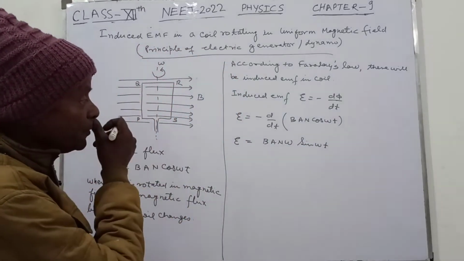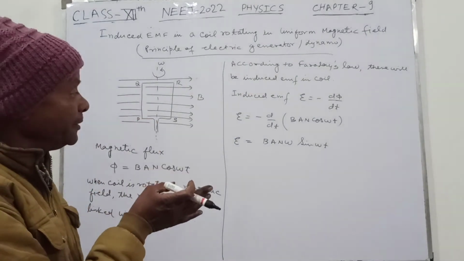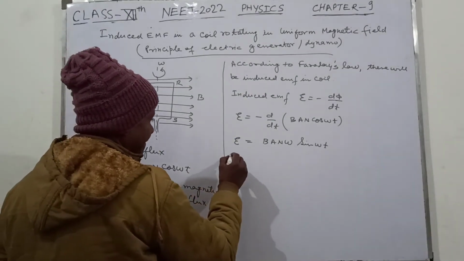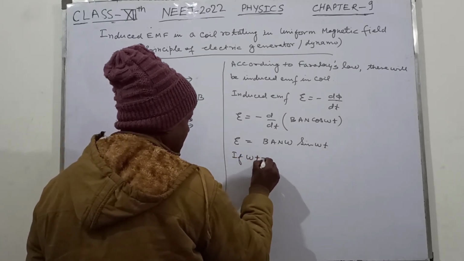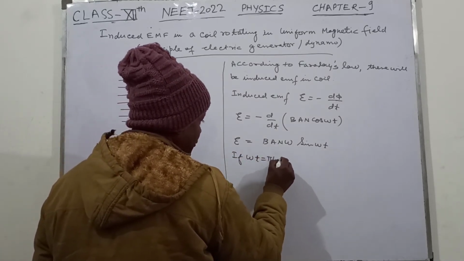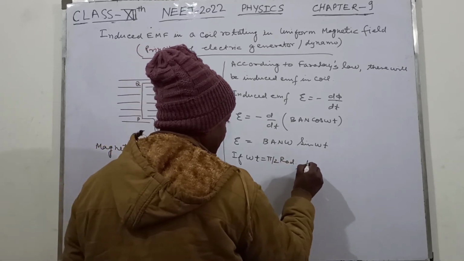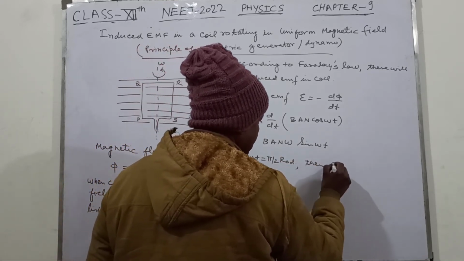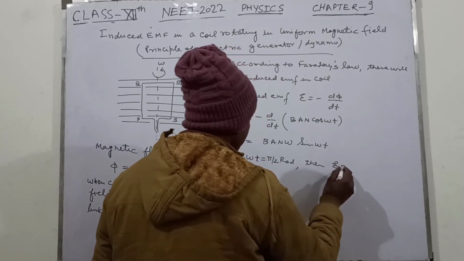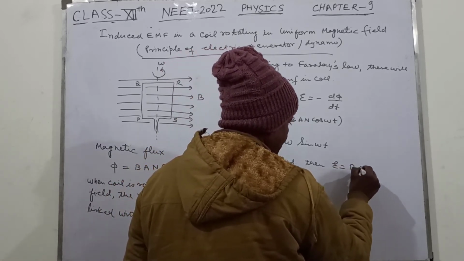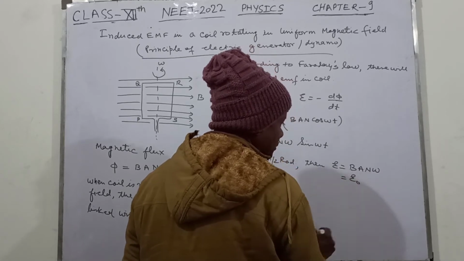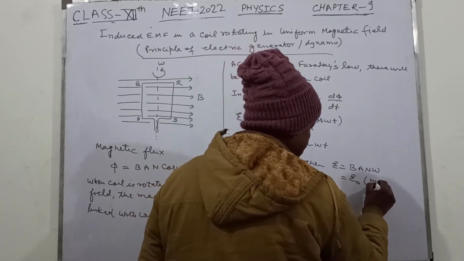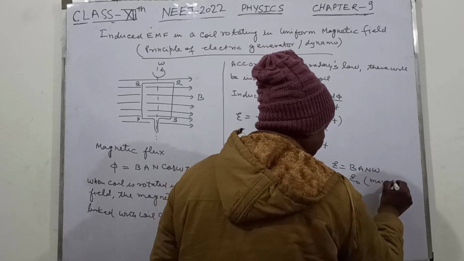Now you can see from here that if omega t is equal to pi by 2 radian, then E is equal to B A N omega, and this is now E naught, the maximum EMF.